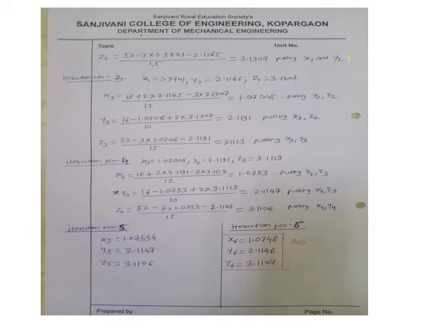While calculating z3, you will use x3 and y3. Now for iteration number 4, while calculating x4, you will use the values of y3 and z3. Then while calculating y4, you will use x4 and z3.